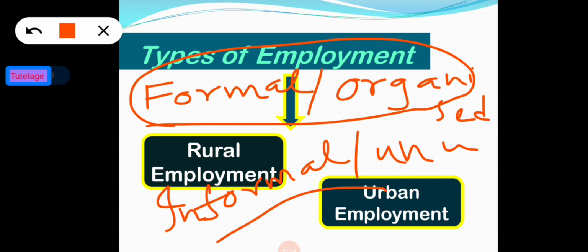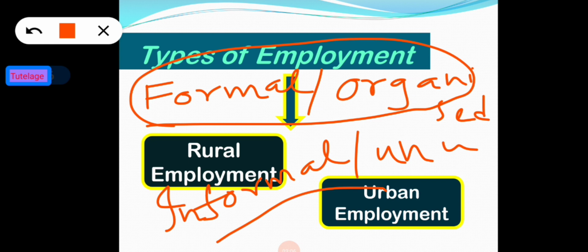The unorganized sector consists of the whole of agriculture and the small scale industries and most of mining, construction, trade, small transport units, and social and personal services. Those people related with the unorganized sector are called informal or unorganized employment. I think this is clear, what we mean by formal or organized employment and what is called informal or unorganized employment.